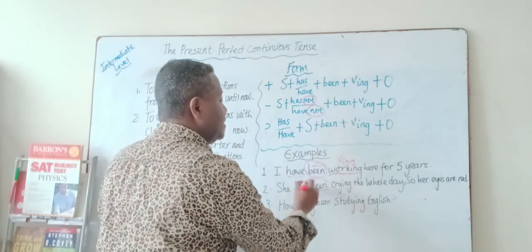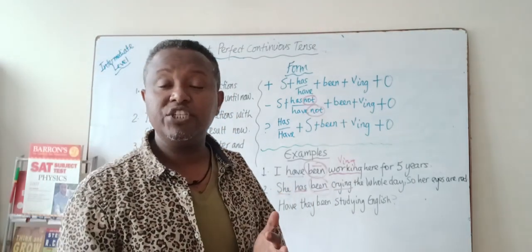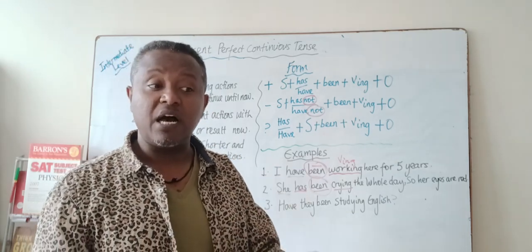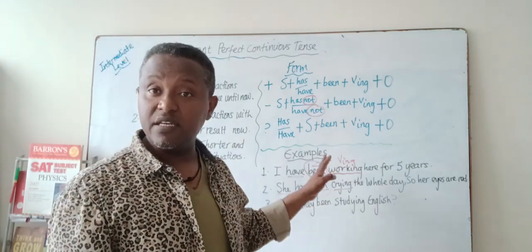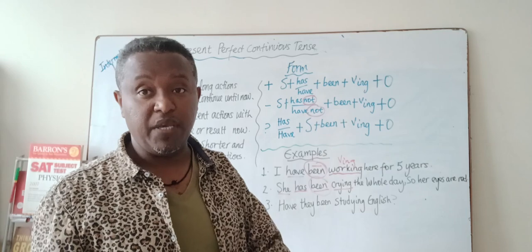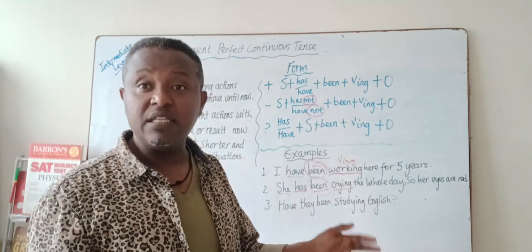So been is common. If the subject is he, she, it, we use has. If it is I, we, you, they, the subject takes have. I have been. You have been. She has been. He has been. It has been.